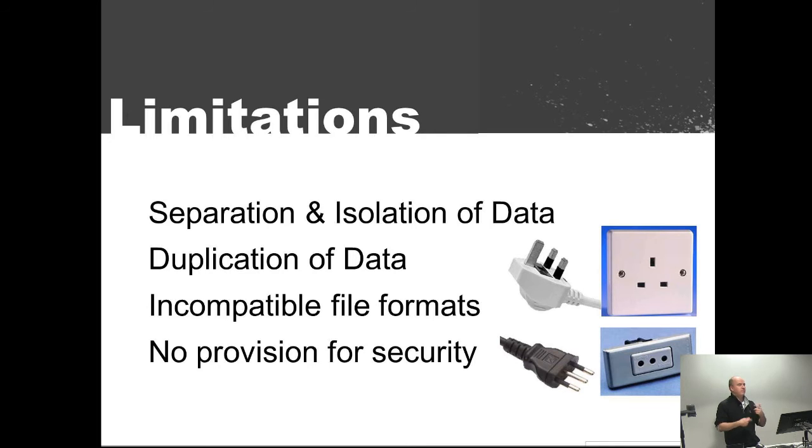So if you want to update a product, the new version of the product, you have to update it in the two systems. Whereas it's the same product, and in principle you would just like to update it once. You are at risk of having incompatible file formats, and security is not something which is handled in any way in such types of systems.